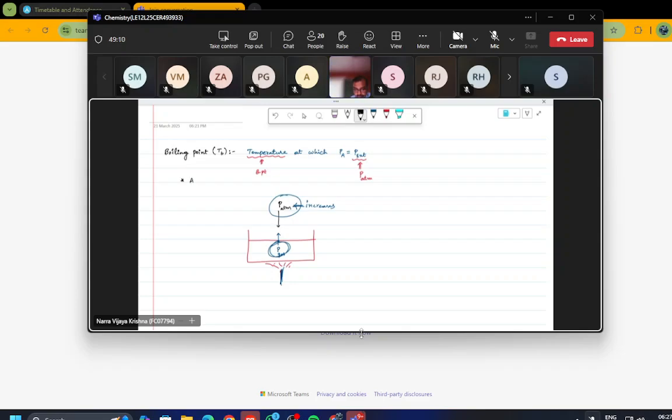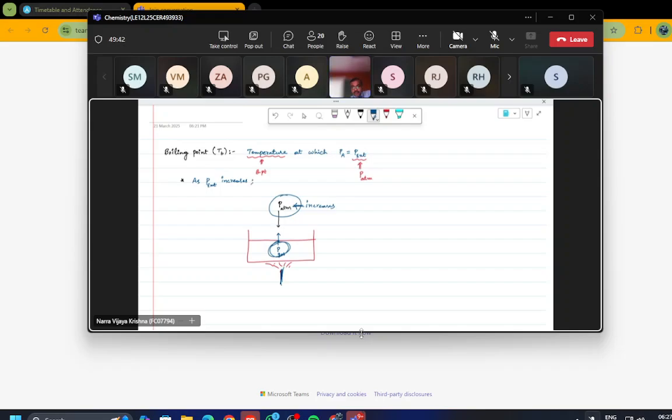As P external increases, what happened? As P external increases, I need more temperature in order to make P of gas become equal to P atmosphere.